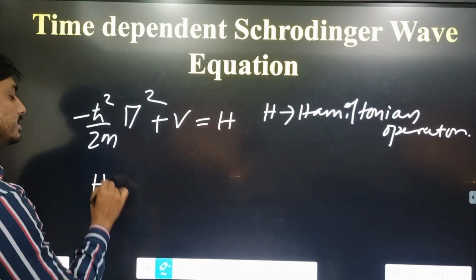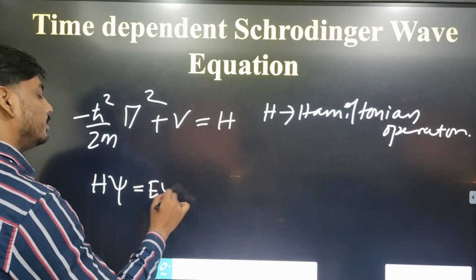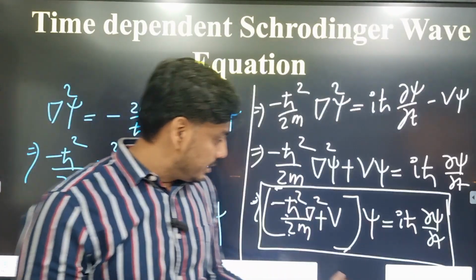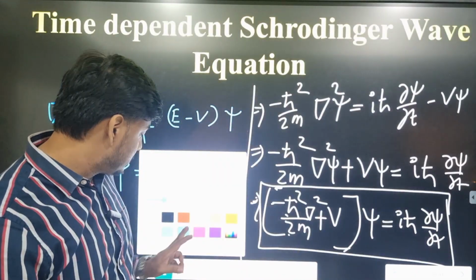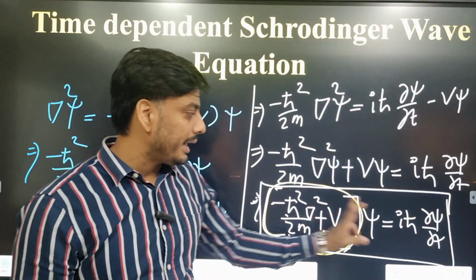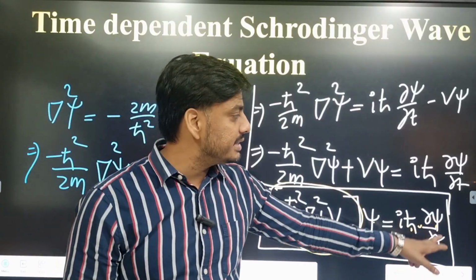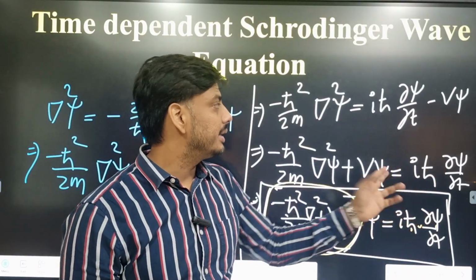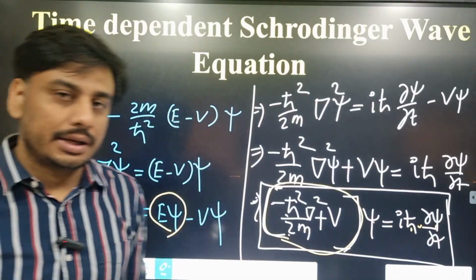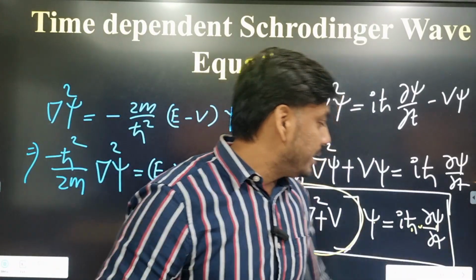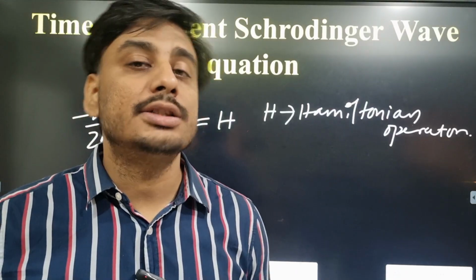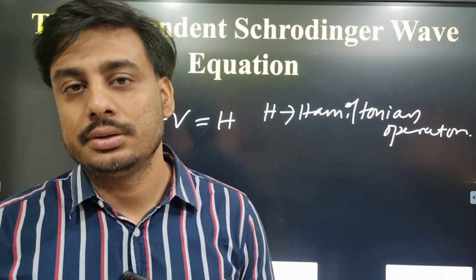So you can write H psi equals E psi. From here you can see, if this whole term is H into psi equals i h cross del psi by del t, what is that? That is nothing but E psi. So H psi equals E psi. This is the Hamiltonian operator. This is all about the derivation of Schrödinger's time dependent and time independent wave equations. Thank you.